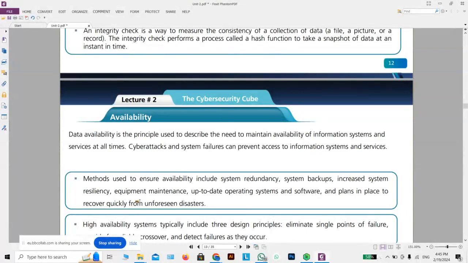To maintain data availability, organizations can use redundant networks. Redundant networks mean not only one system, but a copy of that system. For example, Steam might have information on all of you, but they also have other servers where the same information is available.